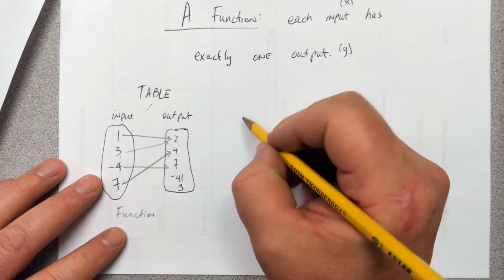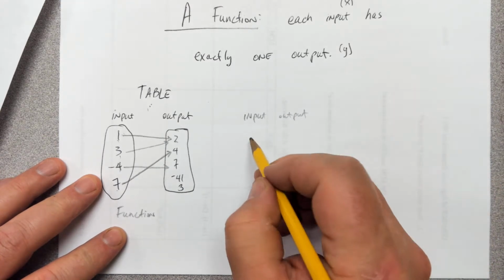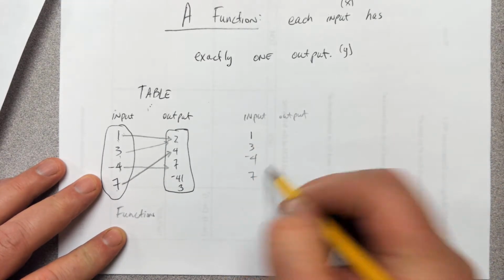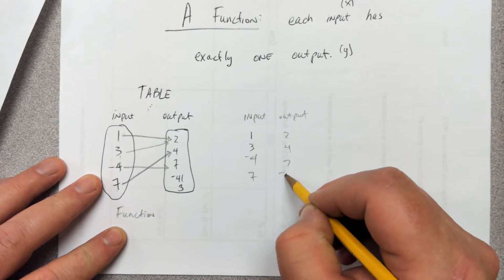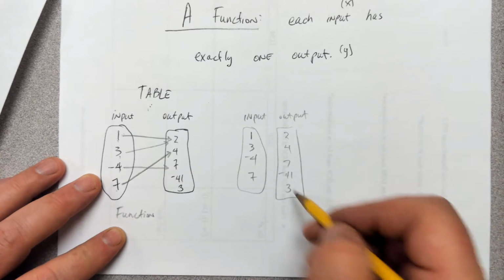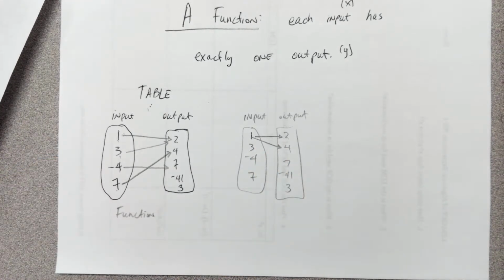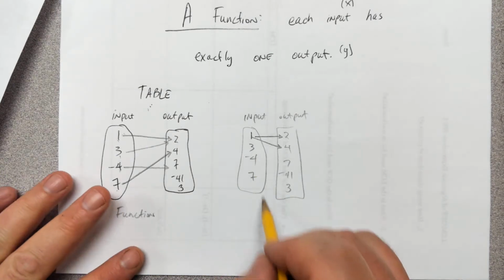Here's a not function. I'm not going to erase it. Here's a not function. 1, 3, negative 4, and 7. 2, 4, 7, negative 40, 1, and 3. You ready? It's already a not function. It doesn't even matter what these others do.